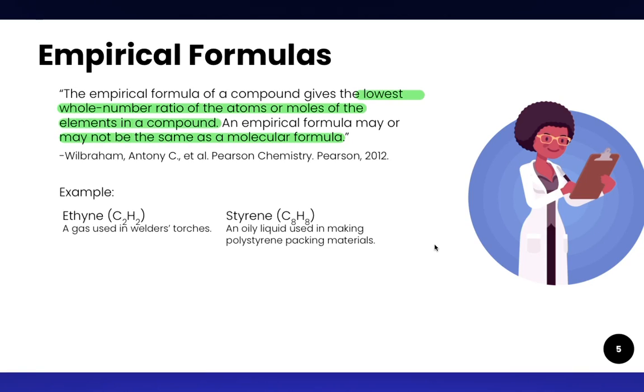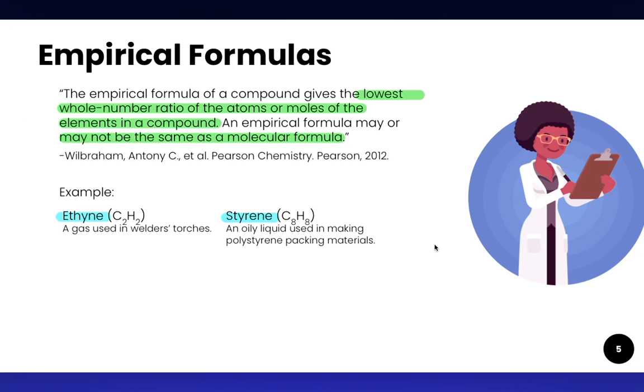So our example is ethylene and styrene. Ethylene has a molecular formula of C2H2. Ethylene is a gas used in welders' torches. Styrene has a molecular formula of C8H8, and it is an oily liquid used in making polystyrene packaging materials.